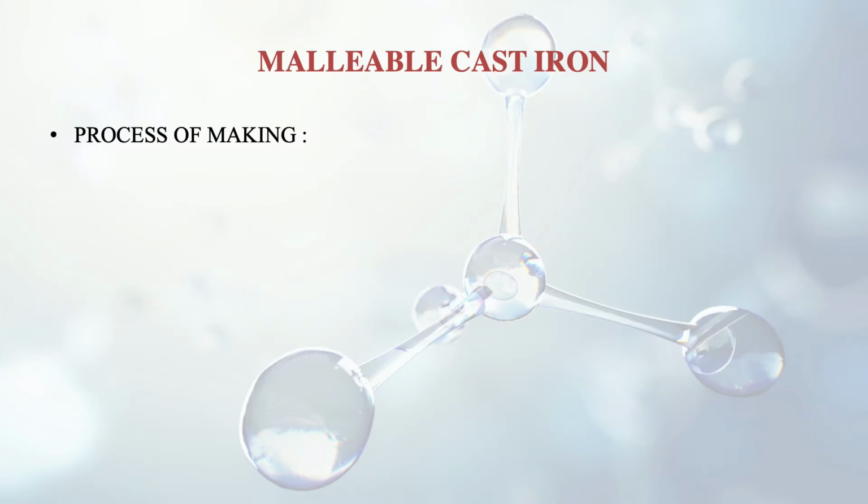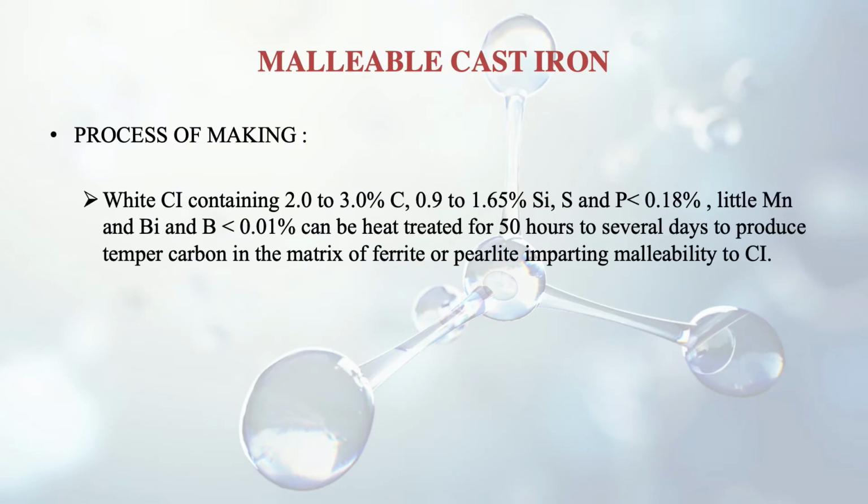After discussing the nodular type, we come to the malleable type of cast iron. What is the process for making it? Here we take white cast iron, the second type, containing 2 to 3% carbon, 0.9 to 1.65% silicon, sulfur and phosphorus lesser than 0.18%, little manganese and bismuth, and boron less than 0.01%.